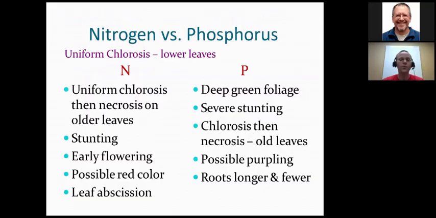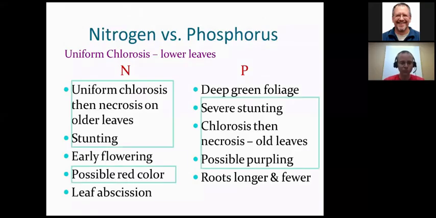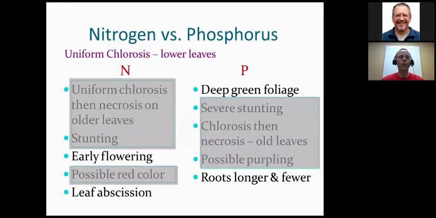And that's something else that has always tripped me up a lot in the past, is that you start to see a lot of the same things. So, severe stunting, possibly purpling, possible red, chlorosis. But when I first learned this, in a classroom, the professor had listed off all the nutrient symptoms for nitrogen, and then they went to phosphorus, and by and large they said the same things, and that got very confusing and hard for me to really decipher what I needed to be paying attention to, until finally it was presented to me in a different way of looking for what's different.